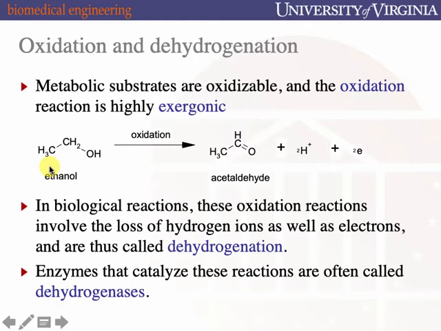Ethanol in our bodies is metabolized through an oxidation reaction that converts that ethanol to a byproduct called acetaldehyde. And as a result of that acetaldehyde, 2 electrons are lost from ethanol. That's the oxidation. Oxidation is lost. And those will get transferred elsewhere inside the cell.